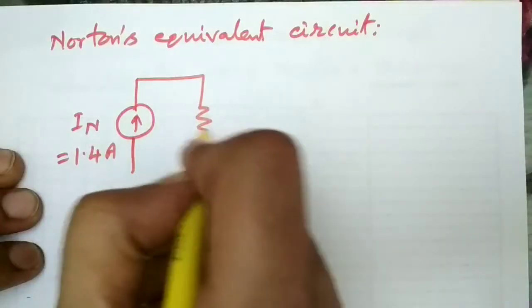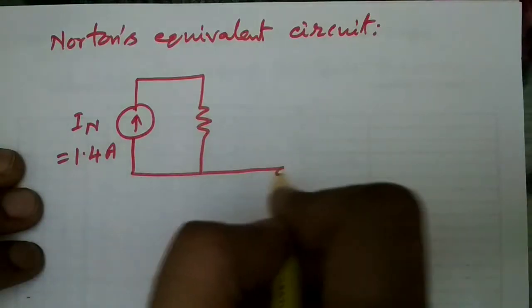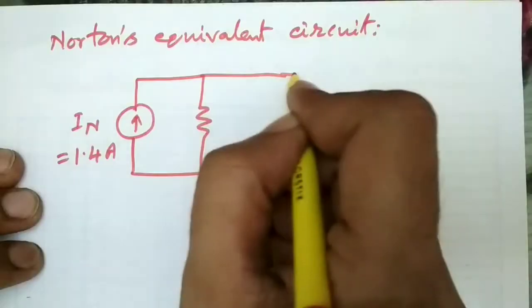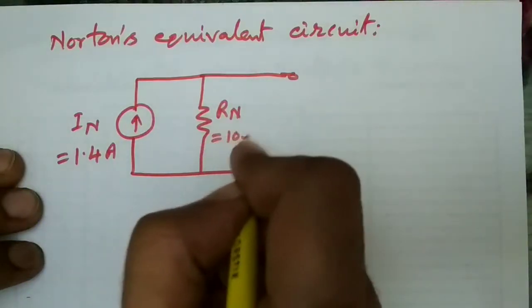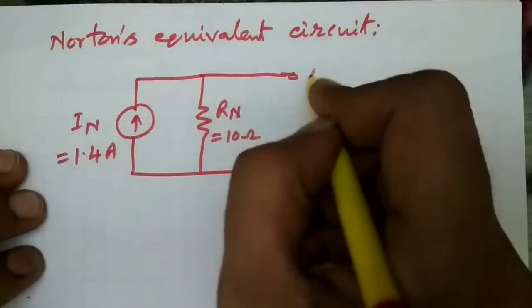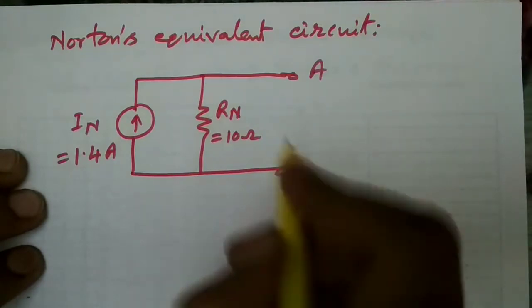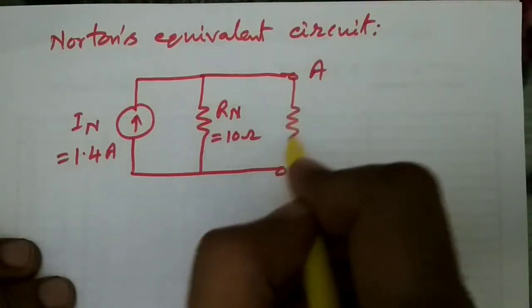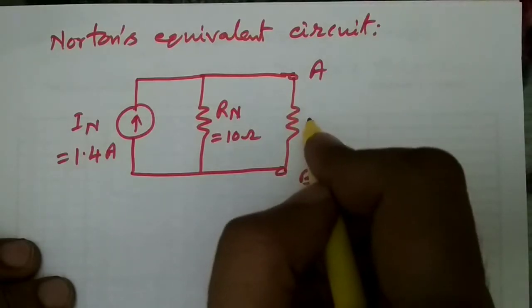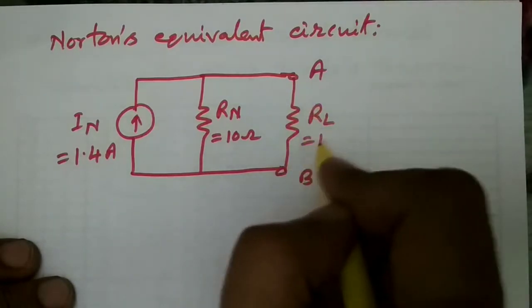Then the Norton equivalent resistance RN, here it is 10 ohms. This is the terminal A and B. And now we join the load resistance across the terminal A and B. And here the load resistance is 15 ohms.